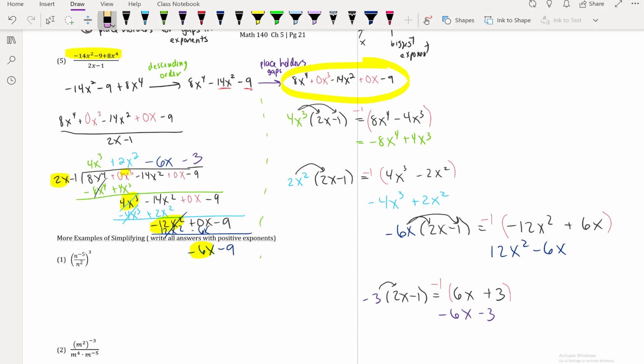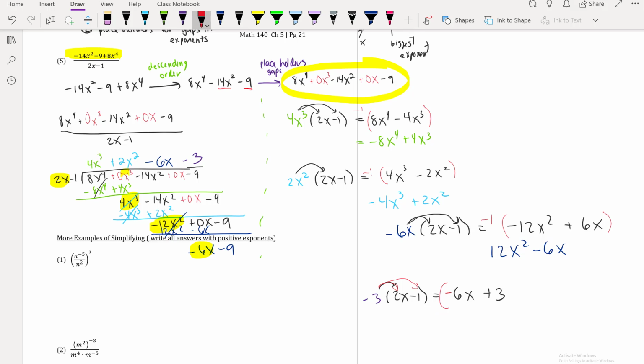And again, I forgot to multiply by a negative 1. So here, negative 3 times a 2x is a negative 6x. Negative 3 times a negative 1 is a positive 3.